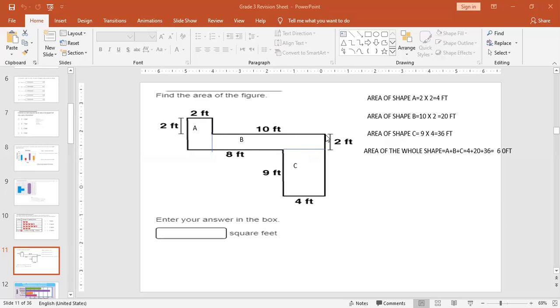Then area B, the length is 10 and the width is 2, so 10 multiply 2 equals 20 feet. Then the area of shape C is 9 multiply 4, which gives 36 feet. The area of the whole shape equals A plus B plus C, which is 60 feet. So this is the answer, don't forget.